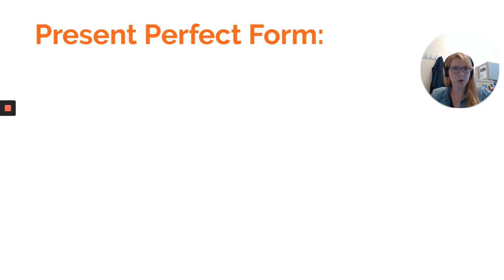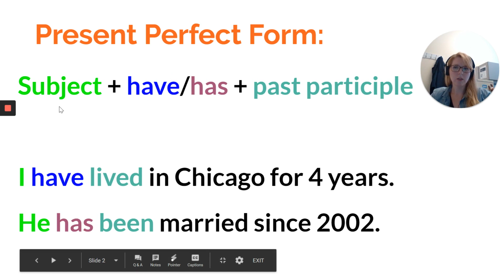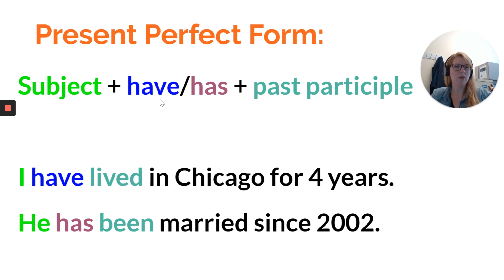So, the form of present perfect, how we see it, is the subject plus have or has, have with I, you, has with he and she, and then the past participle. So for example, I have lived in Chicago for 4 years.